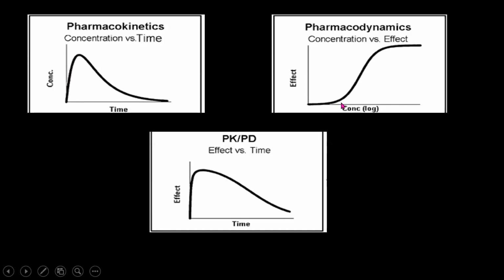Whereas for pharmacodynamics, you need some concentration for the drug to act. In antibacterials, there is something called minimum inhibitory concentration. Unless the concentration is higher than the MIC, the drug will not act on the bacteria. Even if there is some drug, it will not act unless that concentration is above the MIC.